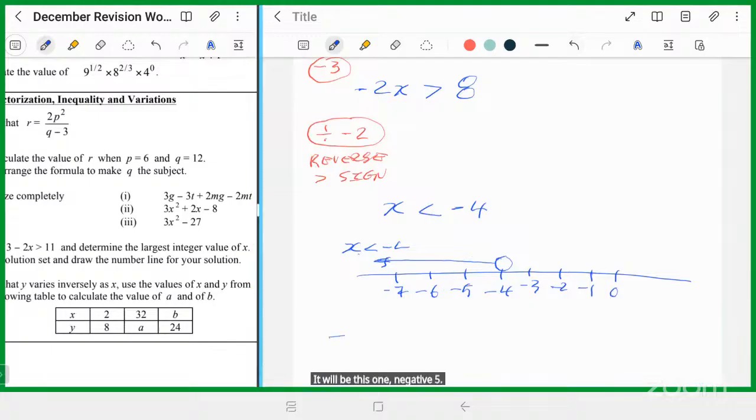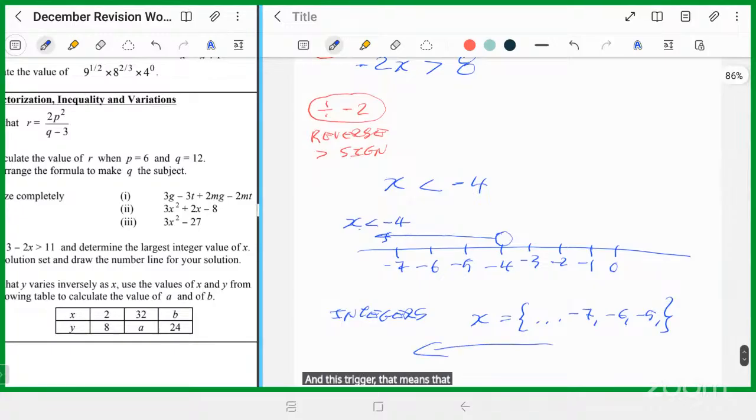Because if you wrote the integers, then x would be values like negative 7, negative 6, negative 5, and we cannot include negative 4. And these three little dots mean that you go all the way down to negative infinity.